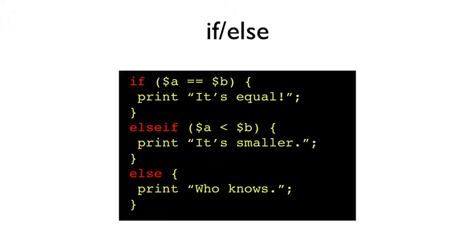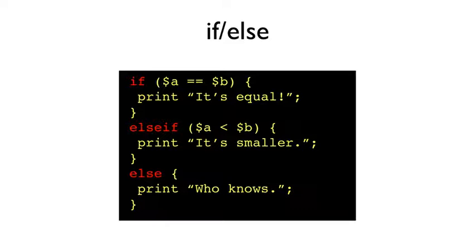The next topic we want to cover are conditionals. We'll frequently see these to apply certain display logic, only printing things when certain conditions apply. The most common conditional structure that we'll see is the if-else statements. So our example here reads that if A is equal to B, it'll print "its equal."